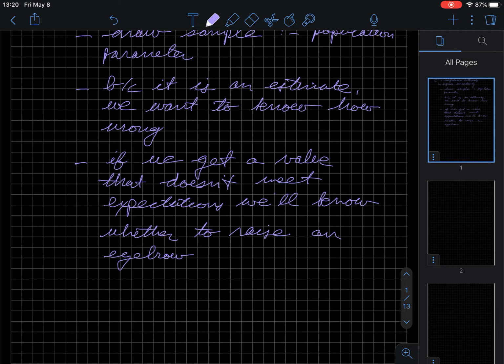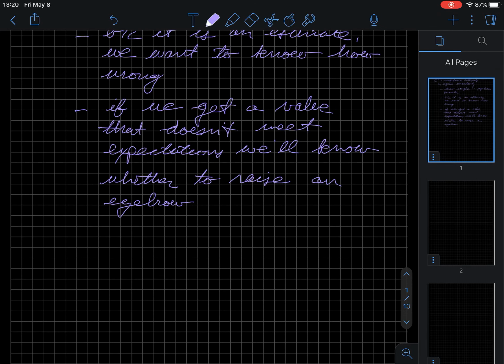So just a key little bit of things: when we think about points, this is going to be things like a mean. And when we think about an interval, this is going to be a range of values.